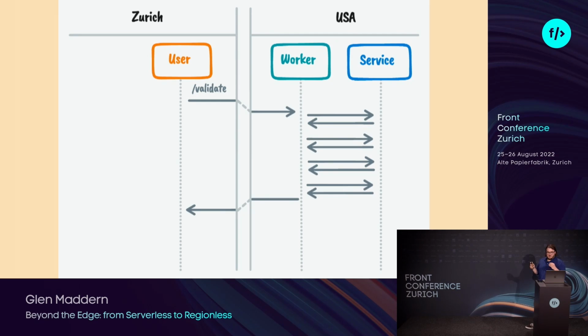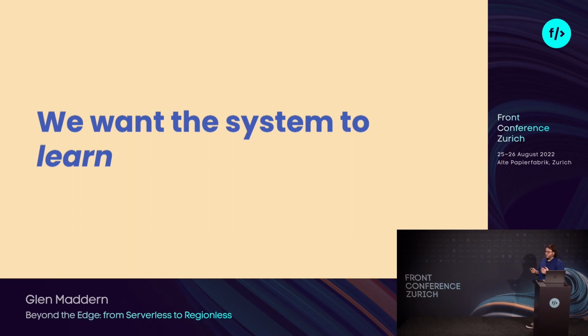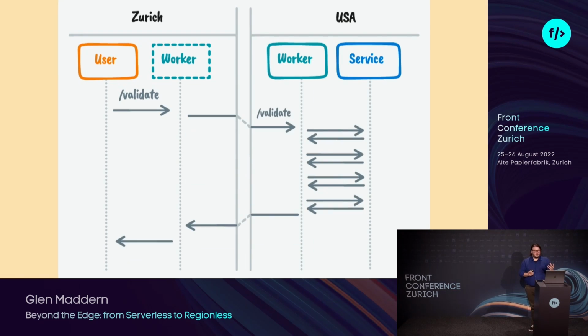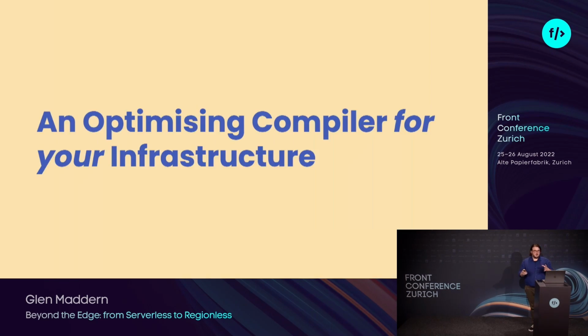But here, I don't want the user to have to think about this stuff. What I want, and what I think will start to happen, is that the system can start to learn. It can start to observe that this situation is happening and transparently convert it into this, because it knows that they're equivalent computation, but for efficiency, it's better to move it to the other side of the world.